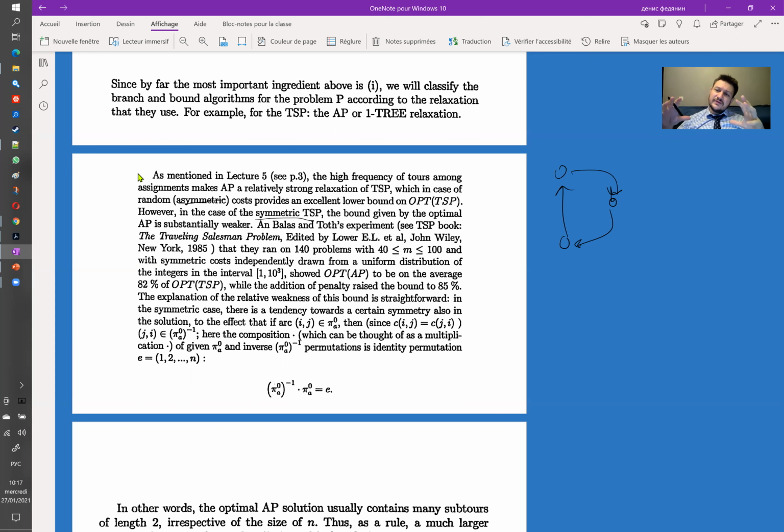But in the symmetric one, we always have more information, and we have to improve our bounds. I will show some details about this a bit later today, if we have enough time. But asymmetric and symmetric does matter sometimes.